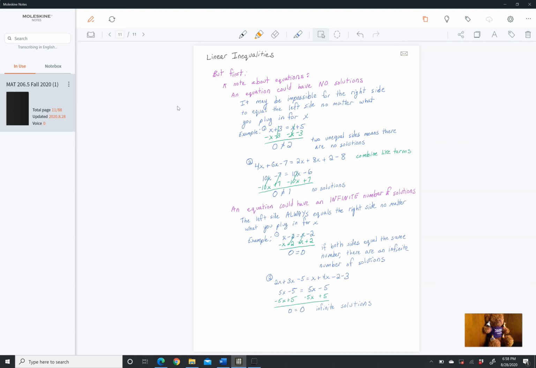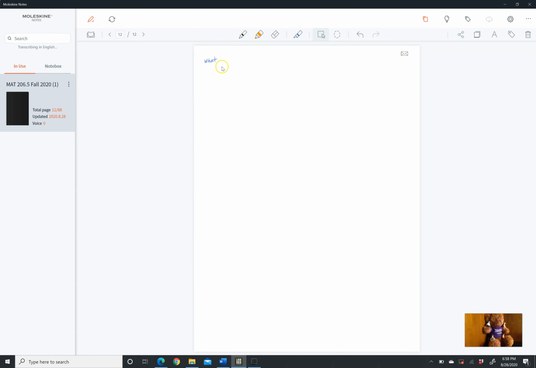So there are 4 different ways that we can show that things are not equal. There are actually 5 different ways. So what is an inequality?